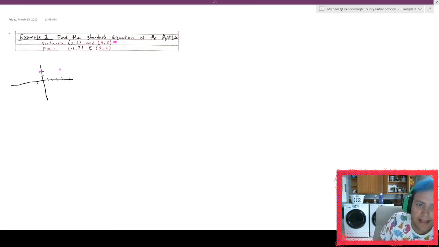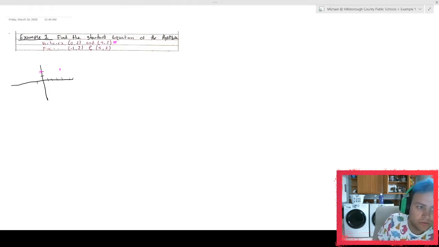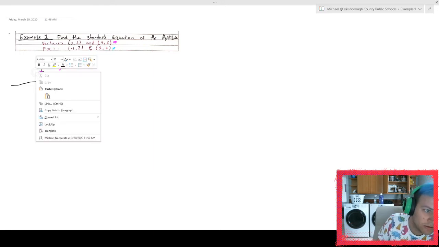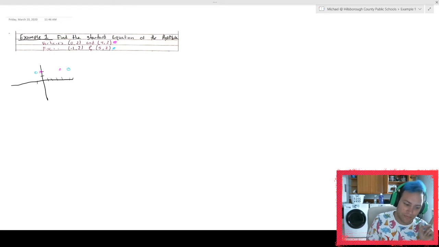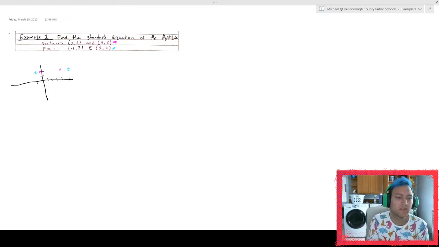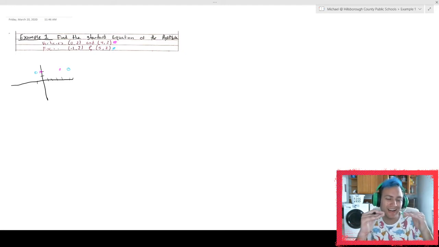Okay, and let me pull out this blue. Let's put our foci at negative 1, 2. Eventually I'm going to figure out how to not do that. And at 5, 2. So there is my picture. This makes something super important to me right away, right? If it is opened up like that, then it's going to look like the 2 examples that we already looked at. It's going to have that horizontal transverse axis.